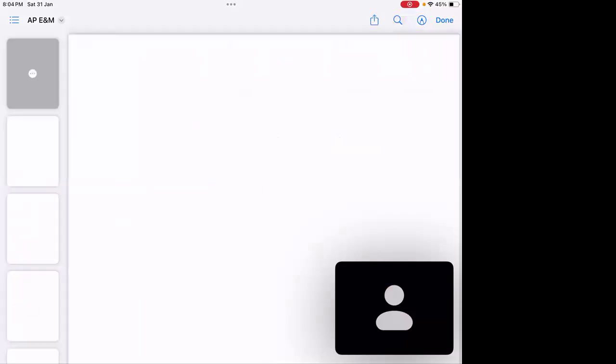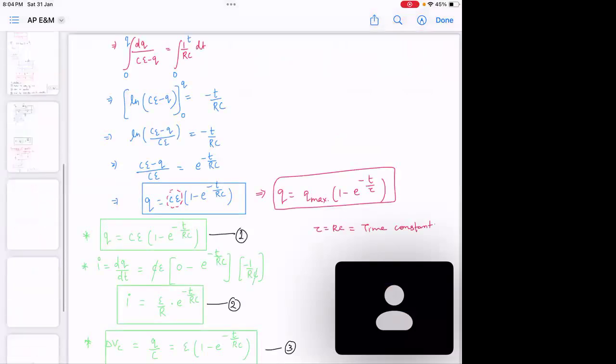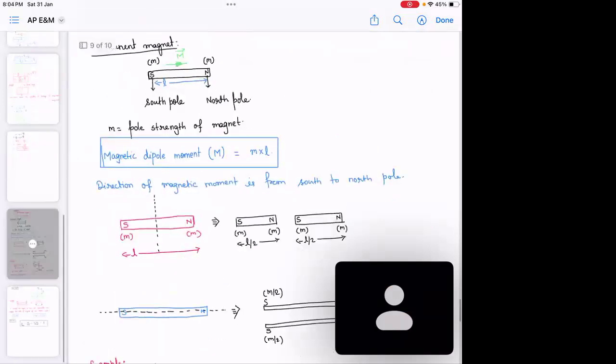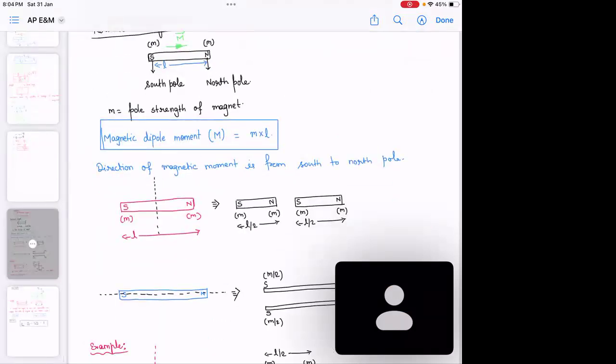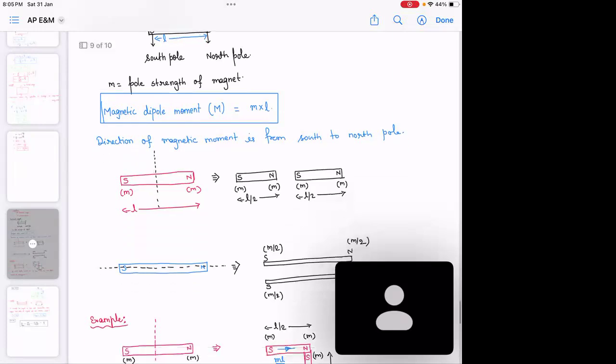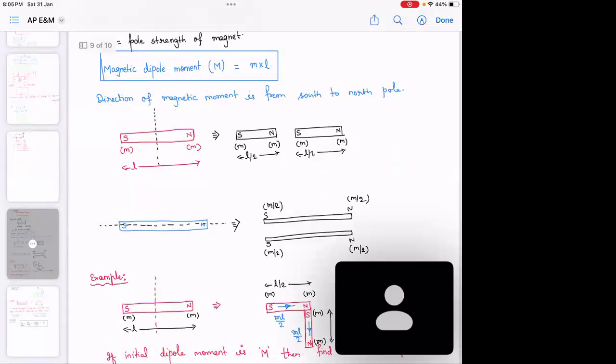Right, so we were discussing about what? The magnetic field, right? And in the magnetic field, first we discussed the permanent magnet. The strength of a bar magnet is given by the magnetic dipole moment. The more the magnetic dipole moment a magnet has, the more will be its magnetic strength. And what is the direction of magnetic moment?